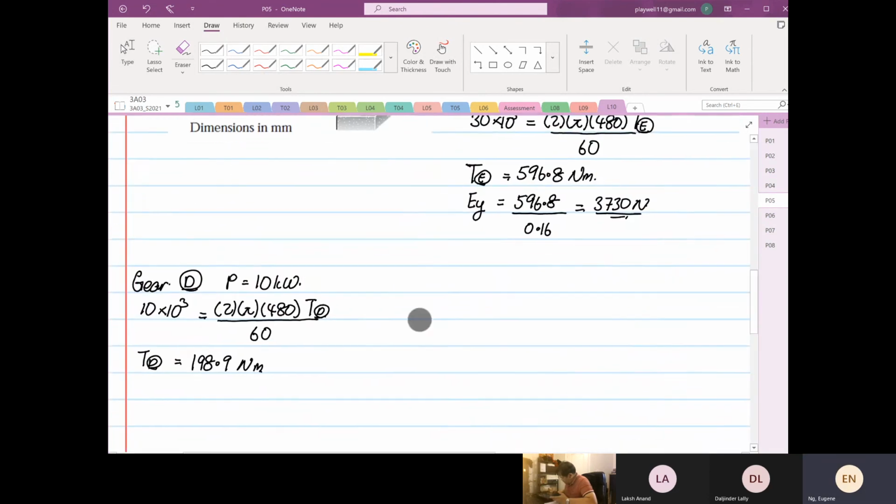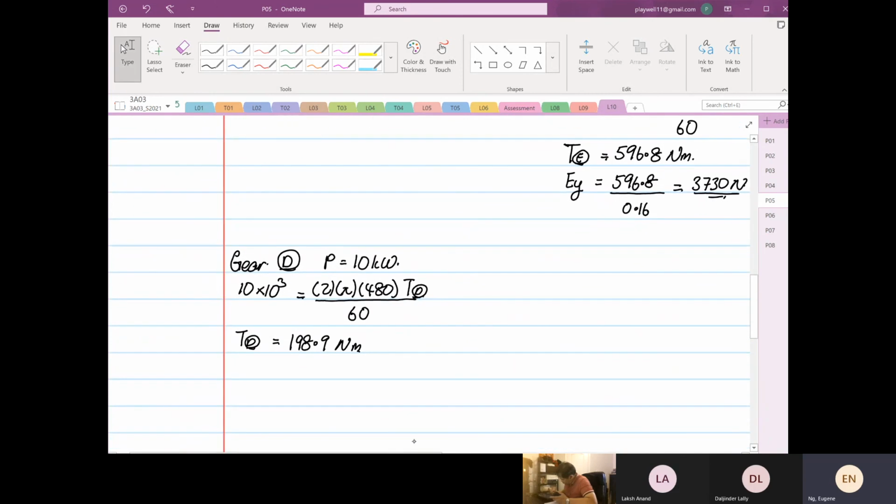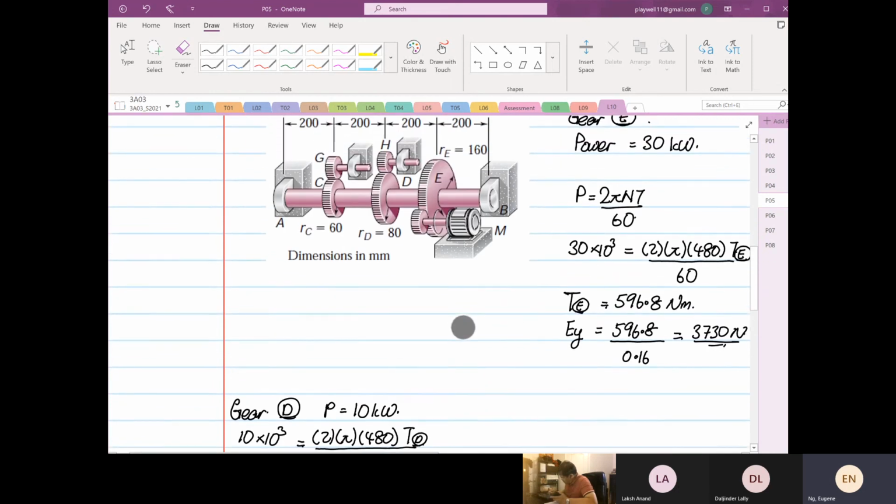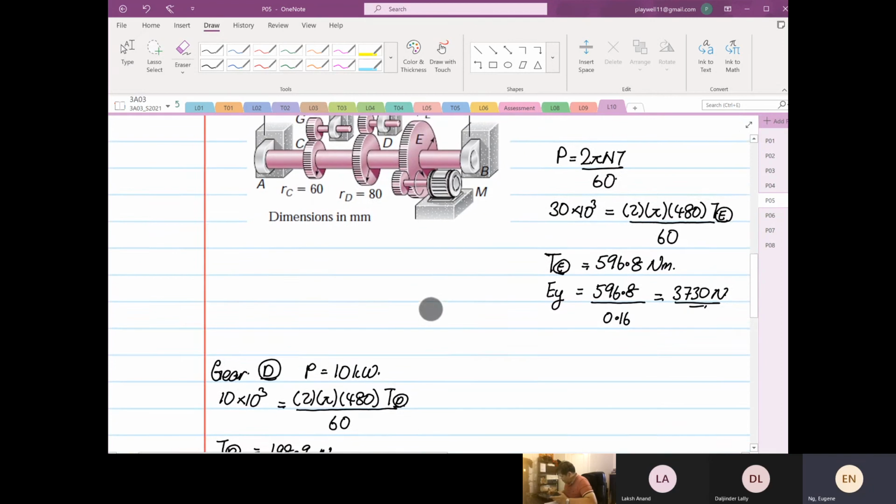So now we know that DZ is equal to 198.9 divided by the radius, which is 0.08.